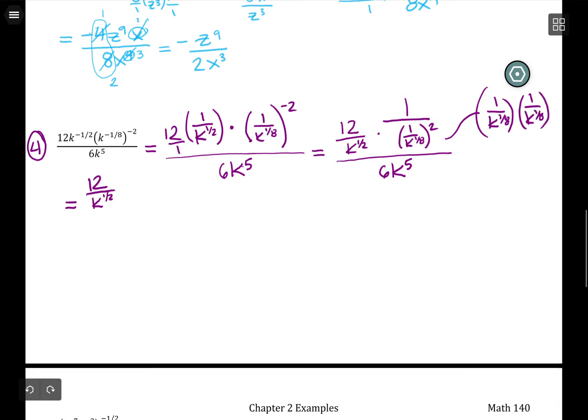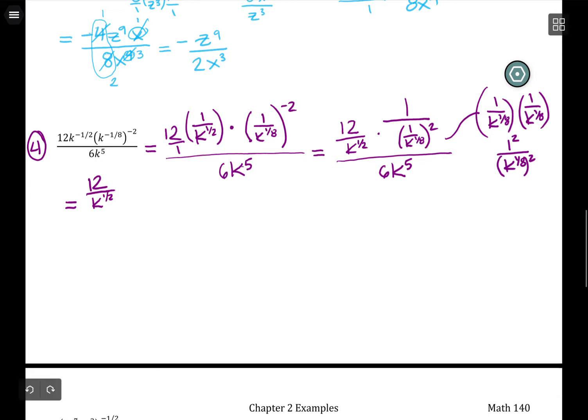You can also use your exponent rule that says that's the same as 1 squared over k to the 1/8 squared. Notice those mean the same thing, so two slightly different ways to think about it. Either split the exponent top and bottom or multiply that thing by itself.